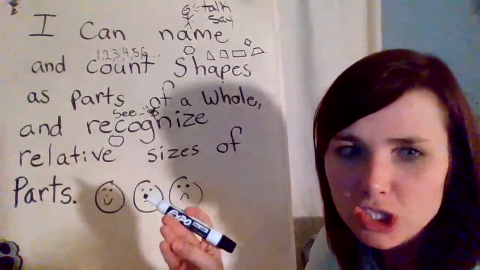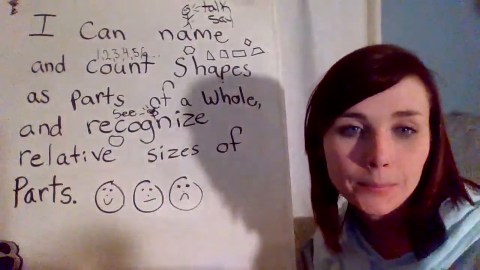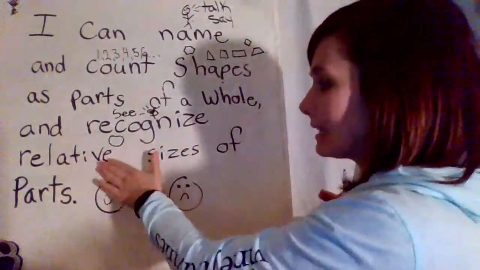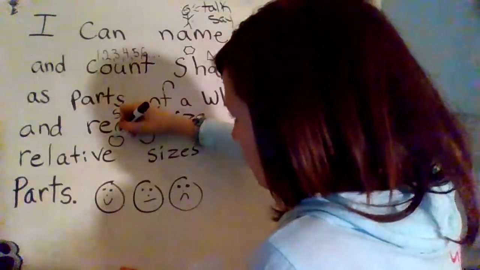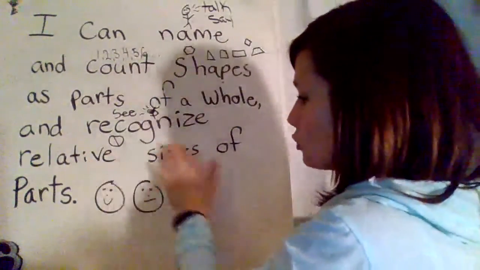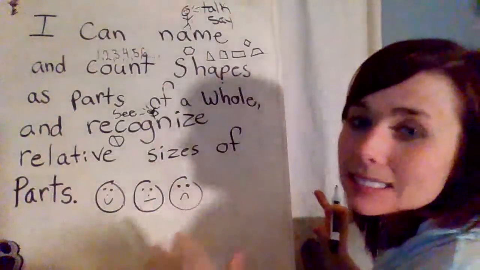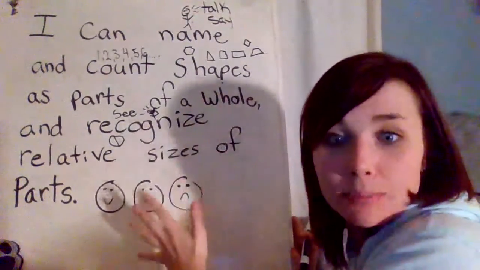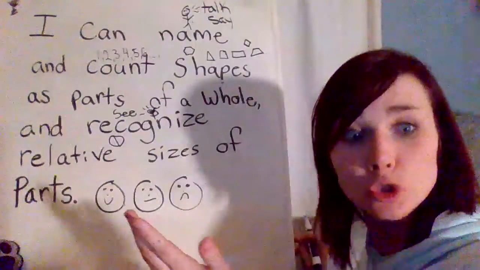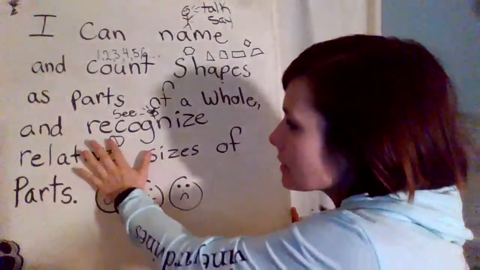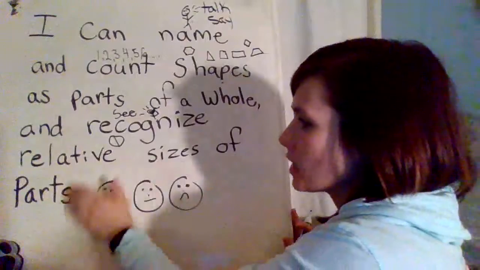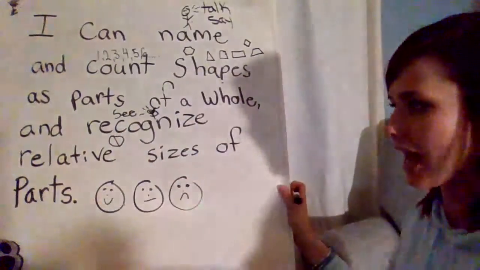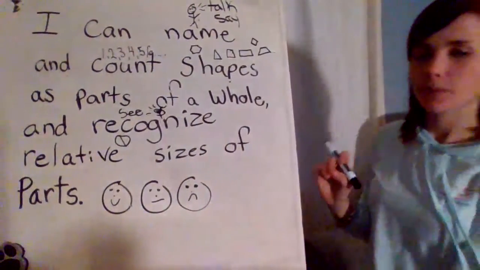We want to split this circle equally. So relative sizes. So we want our parts to be equal. So my drawing is not exactly perfect because it's a little tricky to draw on the right board, but it's pretty darn close, right? It's pretty super close. And these parts, the sizes are equal, the same sizes of parts. Okay.